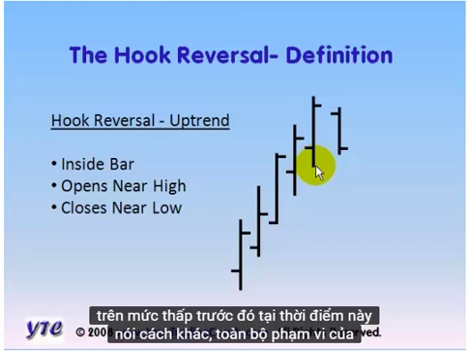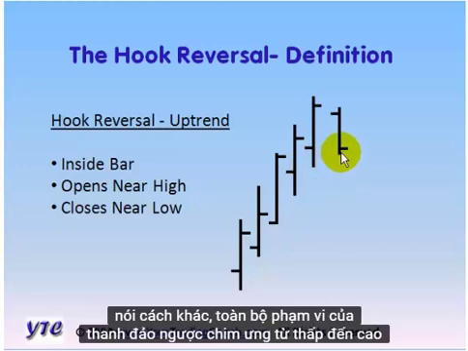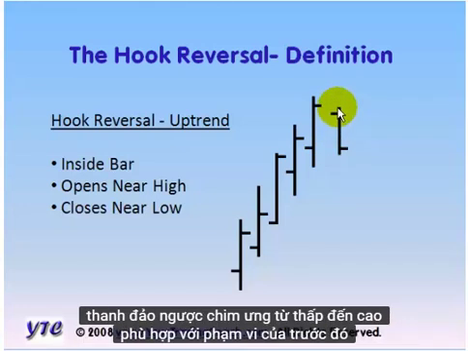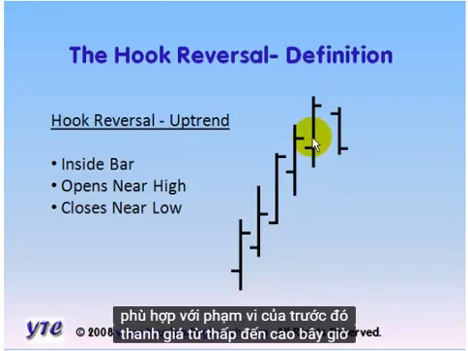In other words, the whole range of the hook reversal bar from low to high fits within the range of the previous price bar from its low to its high.